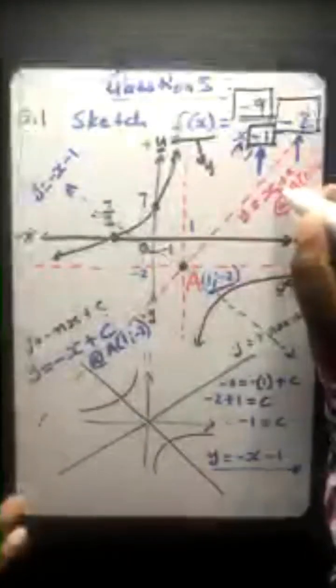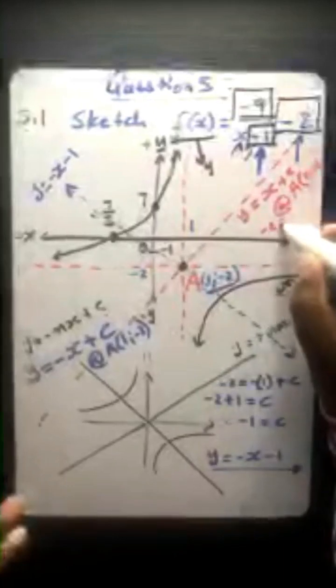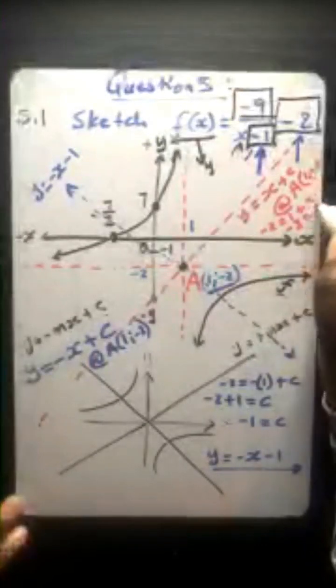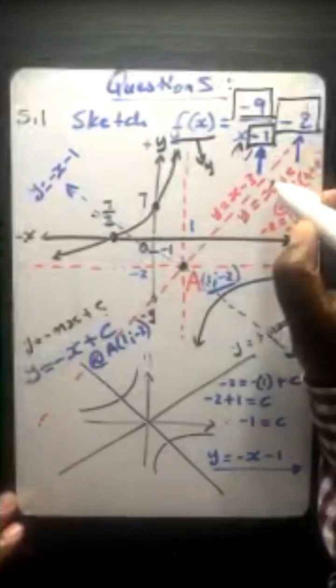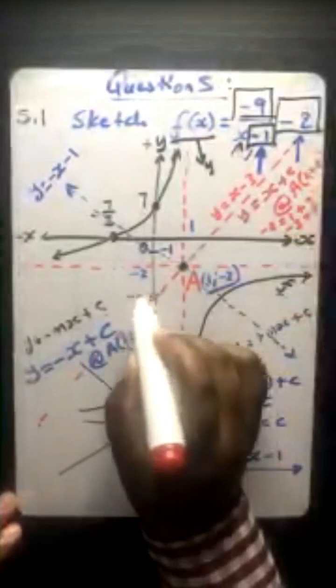Then you just substitute. Where you see y it is negative 2, where you see x it's 1, plus c. You take this to the other side, it becomes negative 3. So c is equal to negative 3. So your straight line equation was going to be y is equal to x minus 3. So this minus 3 is actually that point there where it touches the y-axis.